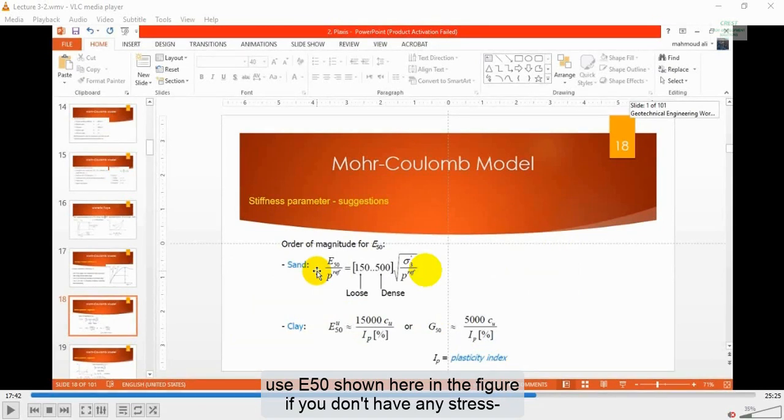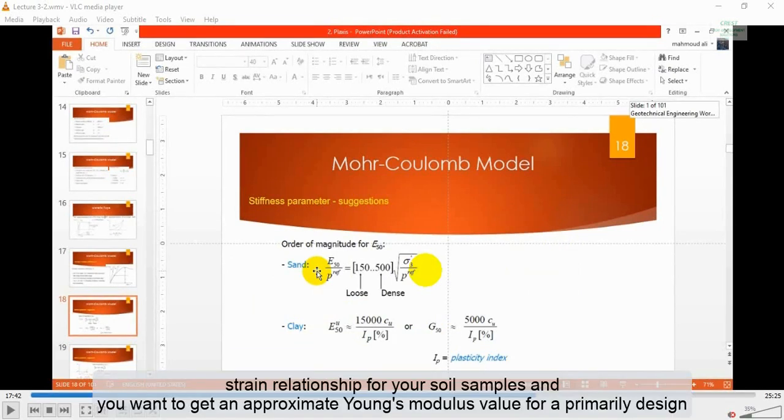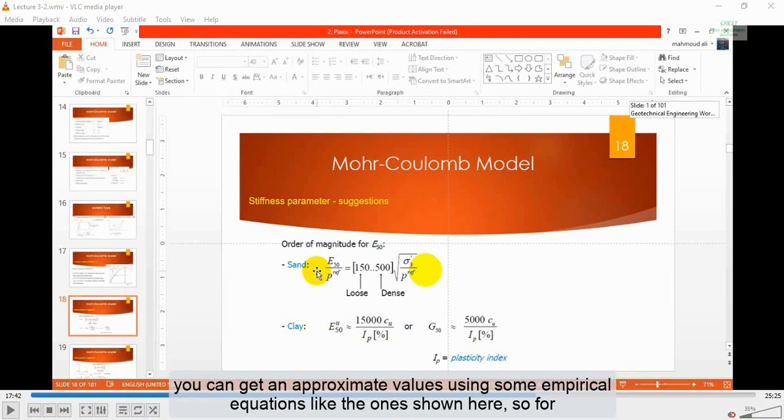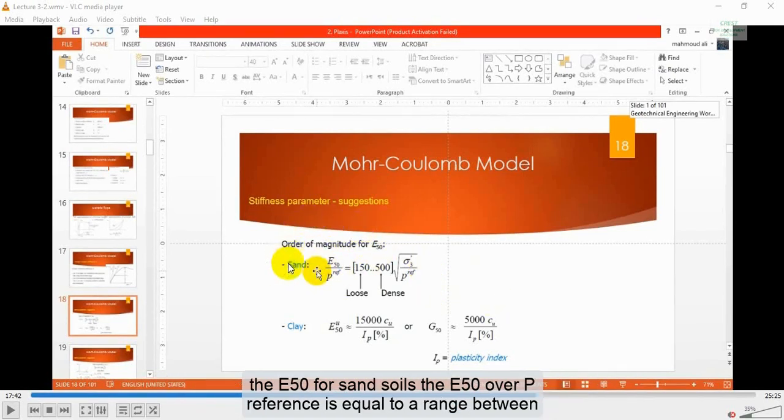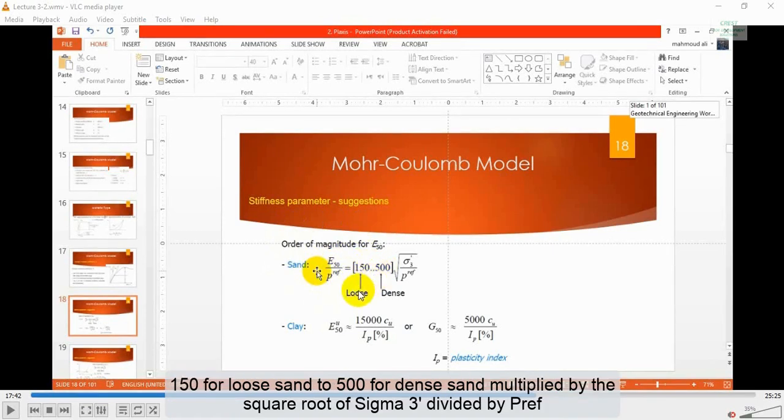If you don't have any stress-strain relationship for your soil samples and you want to get an approximate Young's modulus value for a preliminary design, you can get approximate values using some empirical equations like the ones shown here. So, for E50 for sand soils, E50 over P reference is equal to a range between 150 for loose sand to 500 for dense sand, multiplied by the square root of sigma 3 dash over P reference.